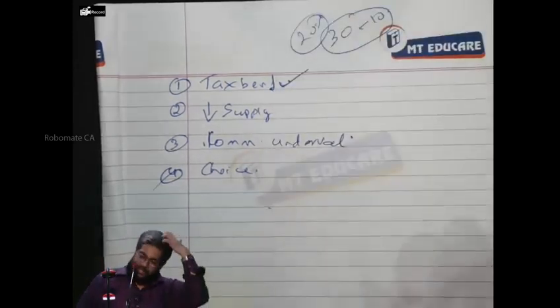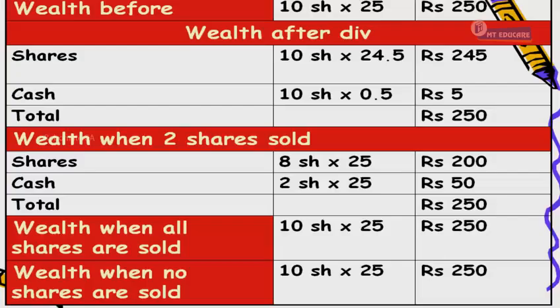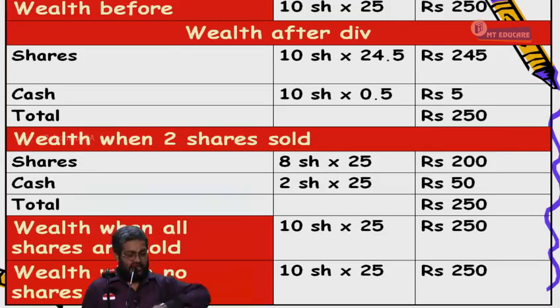When a company has surplus cash, it should not retain it, but should distribute it back to shareholders.